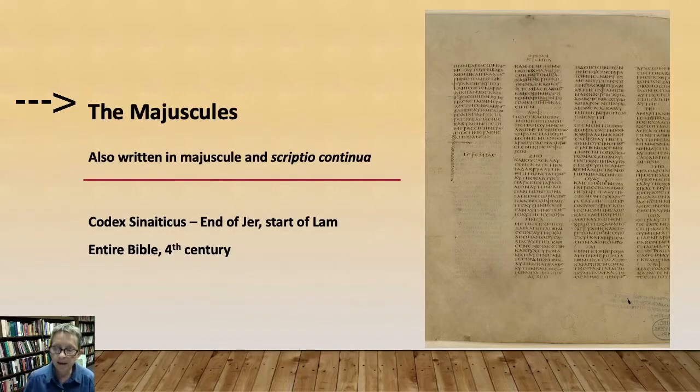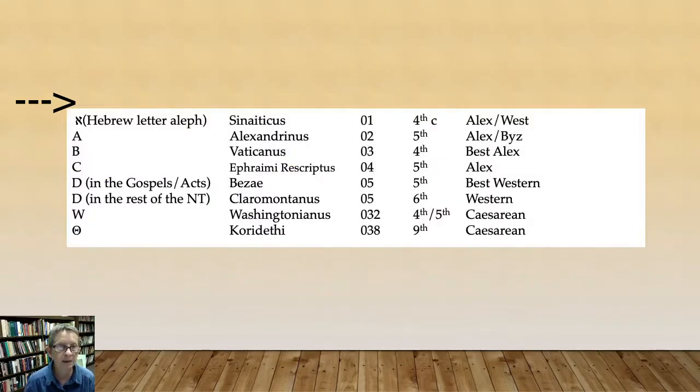But these have a funny history of how they were named, and I have here a graph of some of the most famous of the majuscule manuscripts. You'll notice that they could be named with a letter, they could be named with a name, they could be named with a number that starts with a 0. And then what I've given you in addition is the century that they belong to and the type of text they contain.